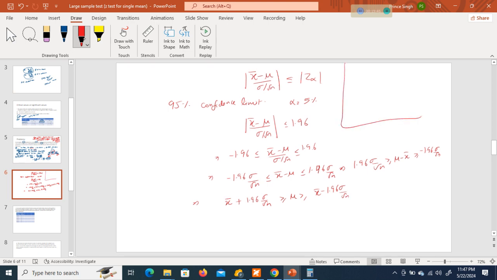Otherwise, the 100 into 1 minus alpha percent confidence limit formula is x bar plus minus z alpha sigma upon square root of n, or x bar plus minus z alpha s upon square root of n. Whatever the parameter values given here, we can substitute here. That will give us the value of the population mean. That means mu belongs to this particular interval. So this is the direct formula I have derived here.